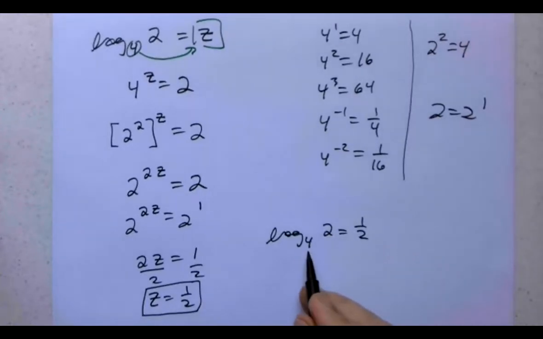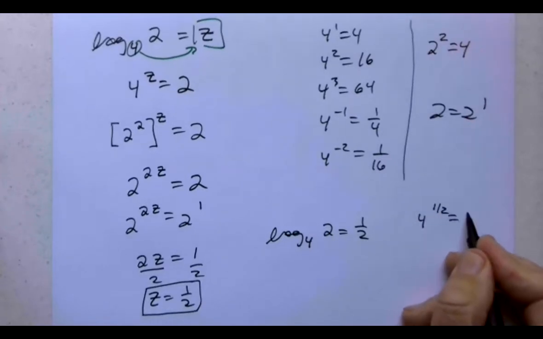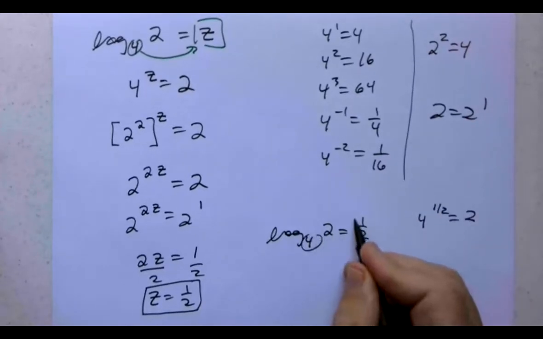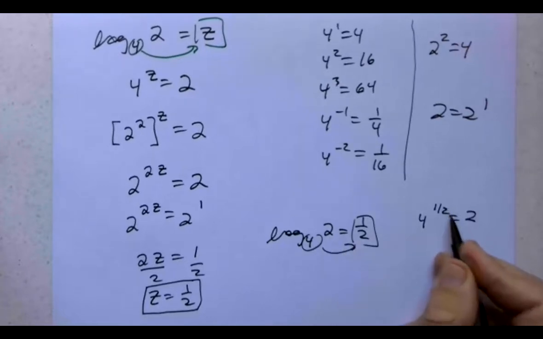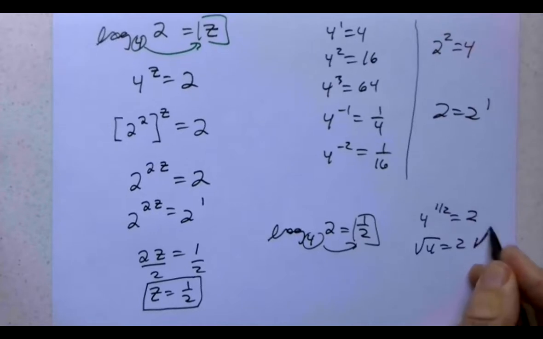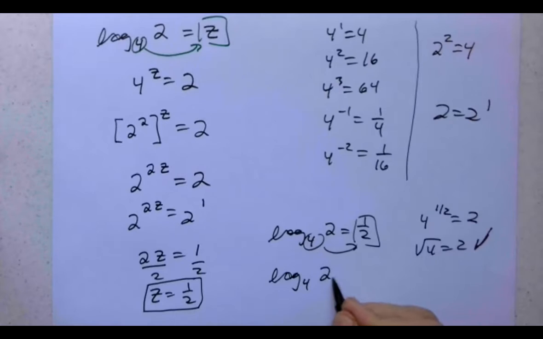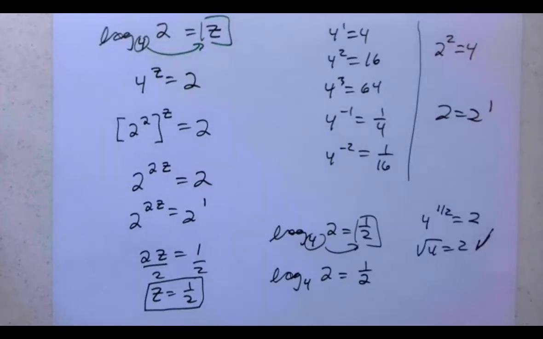Again, how do you check it? 4 to the 1/2 power equals 2. Is that true? Again, circle the base, box. 4 to the 1/2 equals 2. 4 to the 1/2 means square root of 4 equals 2. Check. So yes, indeed, log base 4 of 2 equals 1/2.